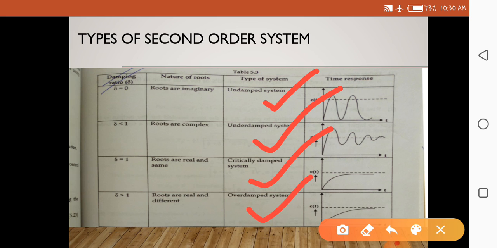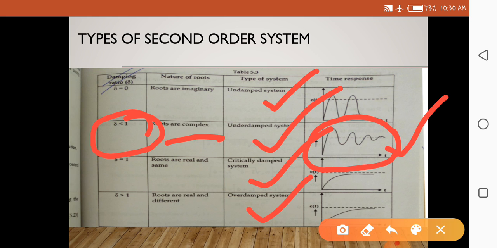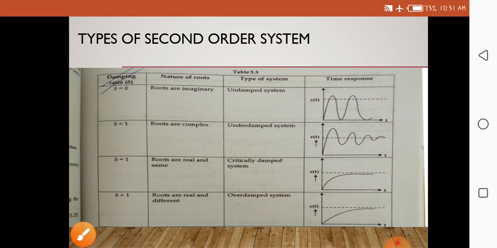In the underdamped system, delta, the damping ratio, is always less than 1, so the roots are complex and the time response is presented as this. For the undamped system, delta is always equal to 0, so the roots are imaginary and the time response is represented as this.